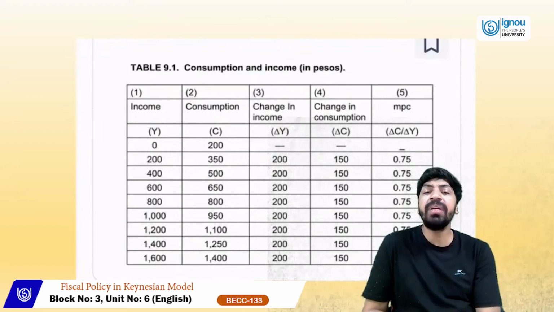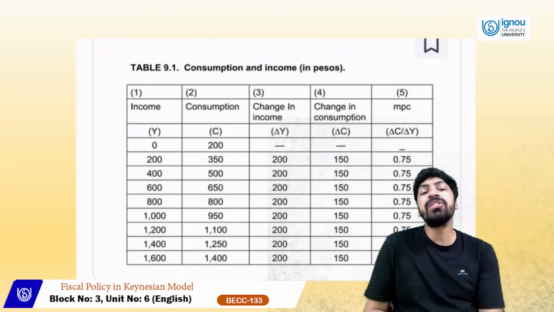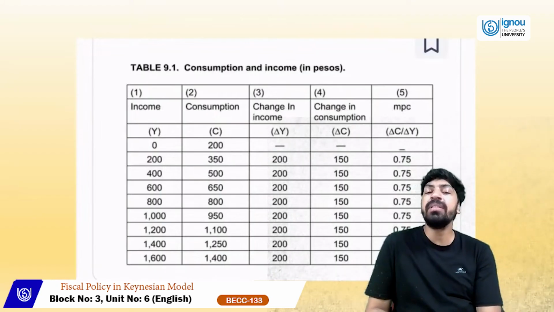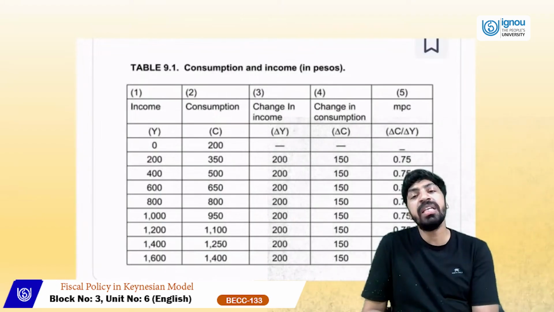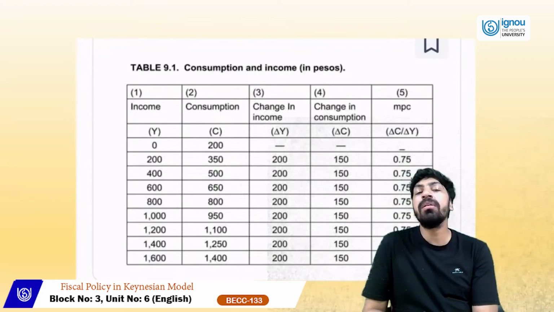Now, how do we calculate the change in income? As the income in the first row of the income column is 0, the change in income, delta Y, is also 0.